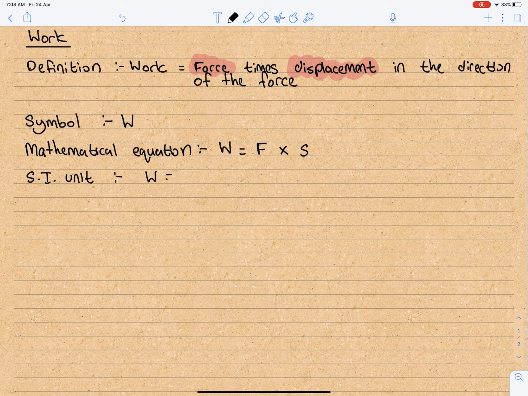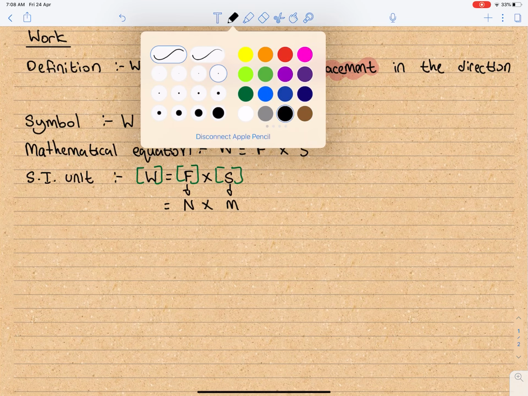As work is equal to force times displacement, the SI unit for work is equal to the SI unit for force times the SI unit for displacement. So the SI unit for force is Newton, times the SI unit for displacement, which is meter.